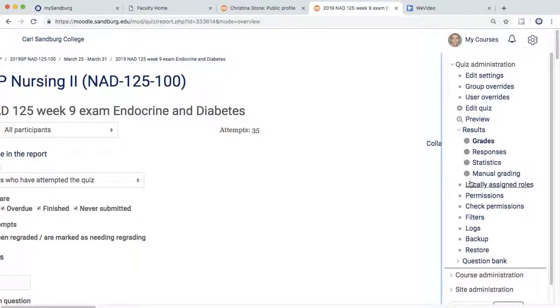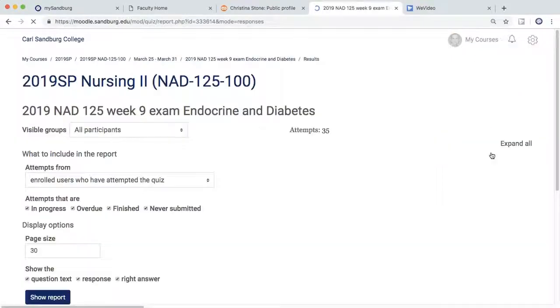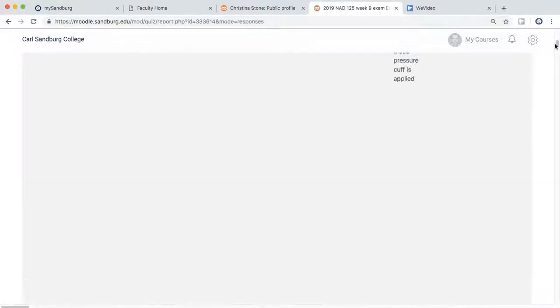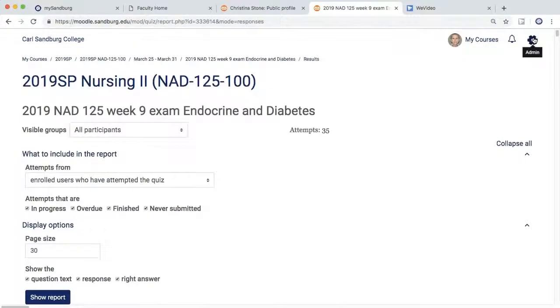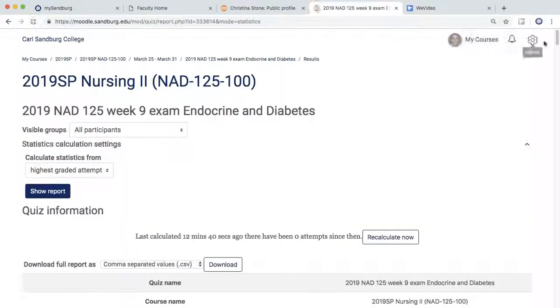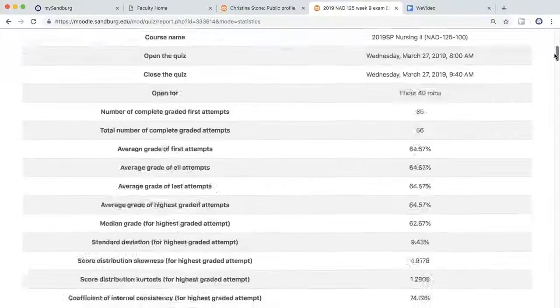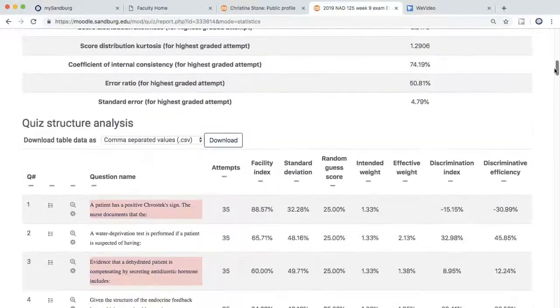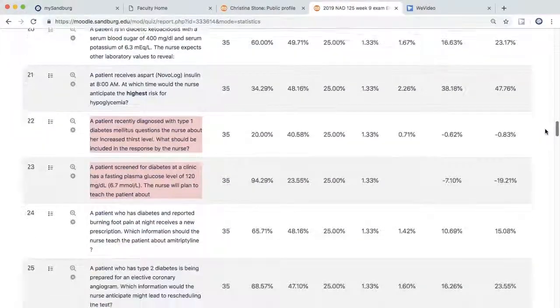I know from experience that DKA is an emergency situation, and I know that the students need to grasp this concept. So I could very well send an email to the students, or I could make sure I cover this in the next class to say, let's talk about a few things from our test.